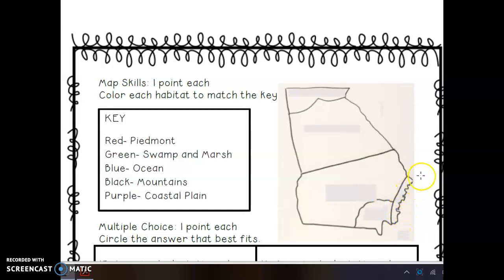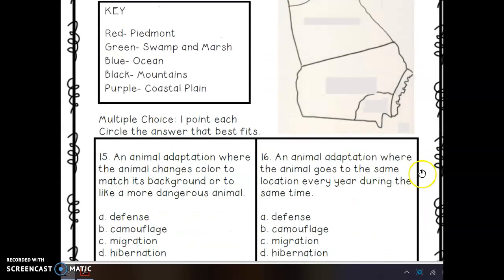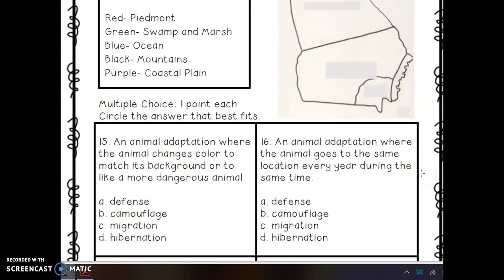Okay? Now, let's take a look at a couple of questions that describe animals and their adaptations. Number 15 says, an animal adaptation where the animal changes color to match its background or to look like a more dangerous animal.